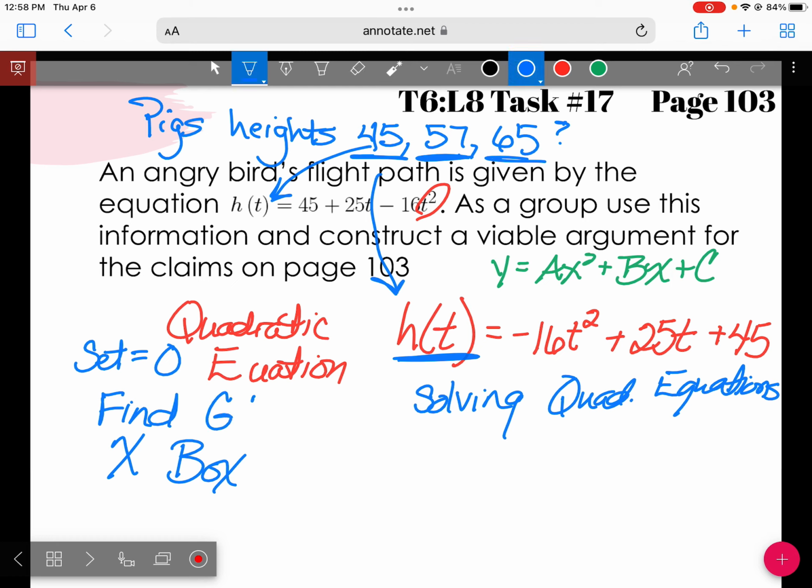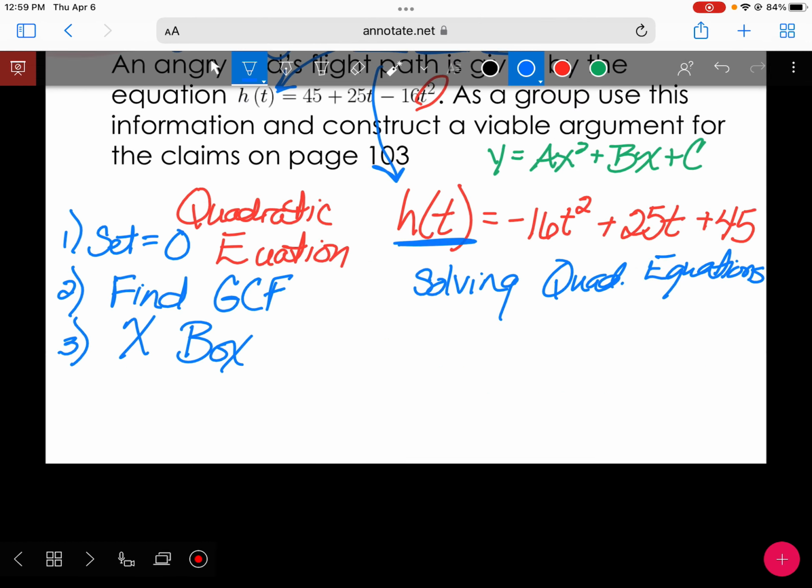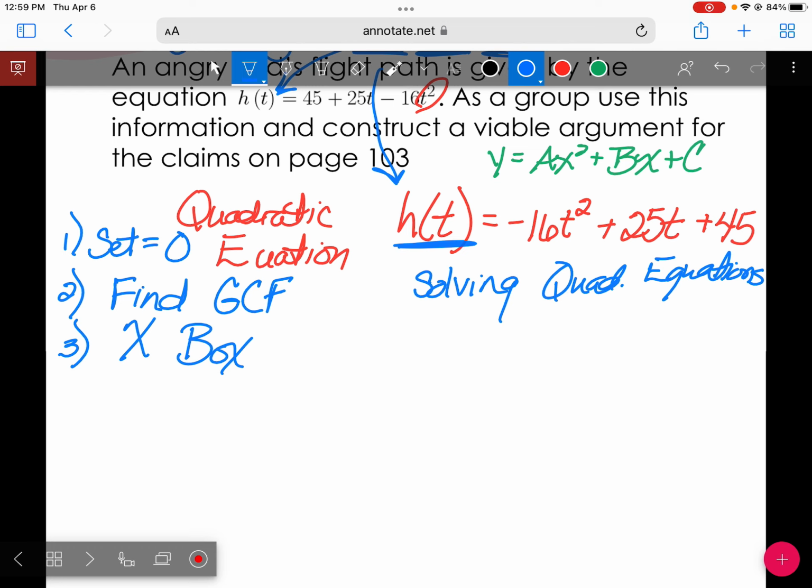Oof, greatest common factor. All right, so set it equal to 0. Find the greatest common factor if there is one. Use X box if you can. What if you can't use X box? Quadratic formula.